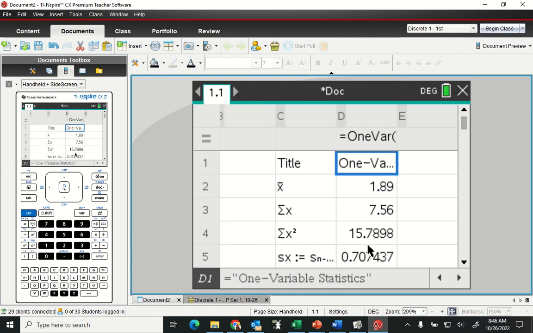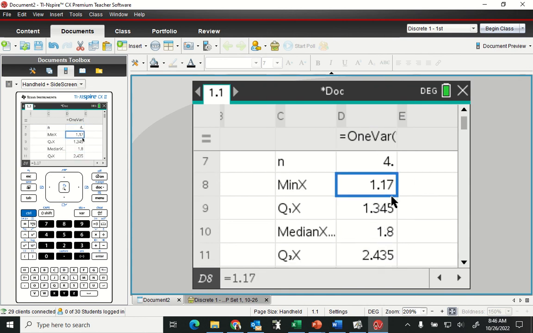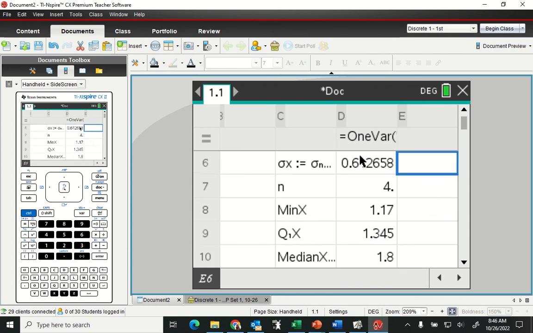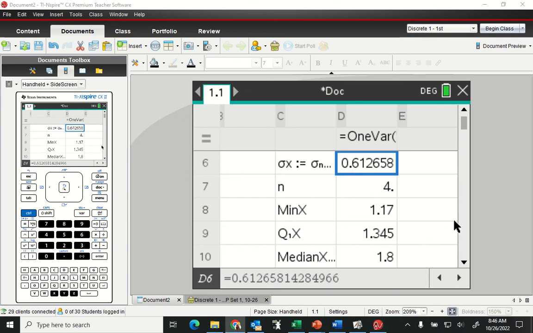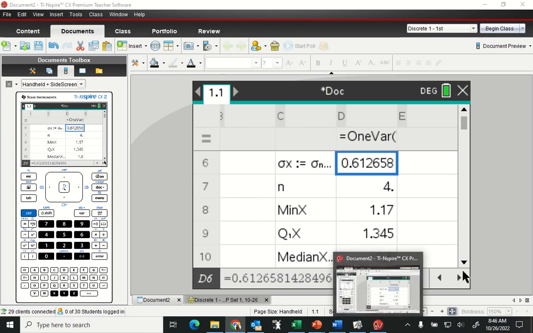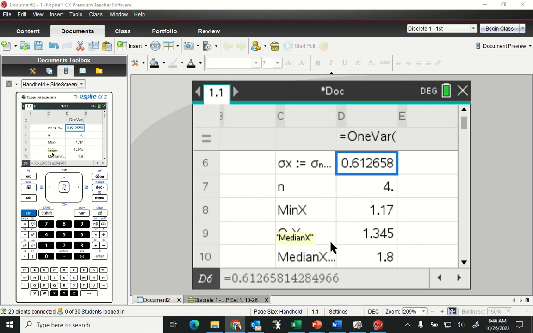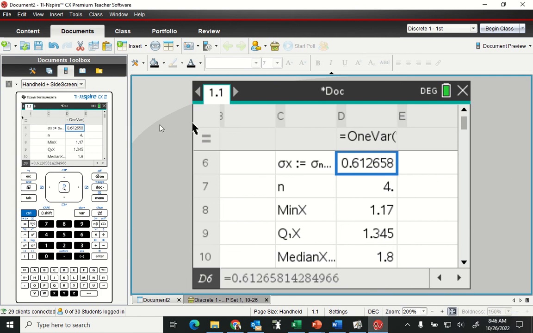So we want standard deviation, which is going to be, come on now, slowly, there it is. Should be right here. Standard deviation. Yep. So I'm going to put, it's going to be 0.61. Alrighty.